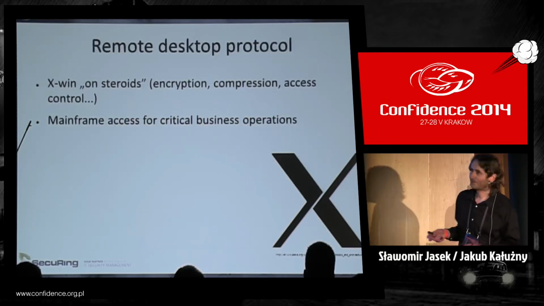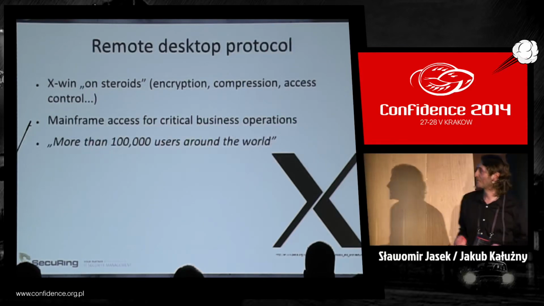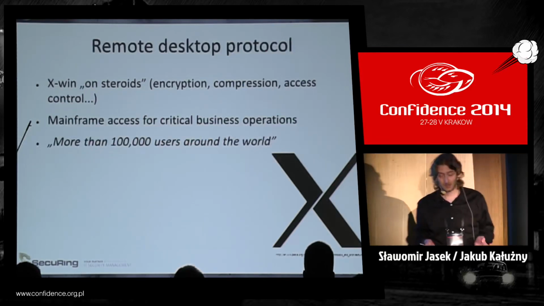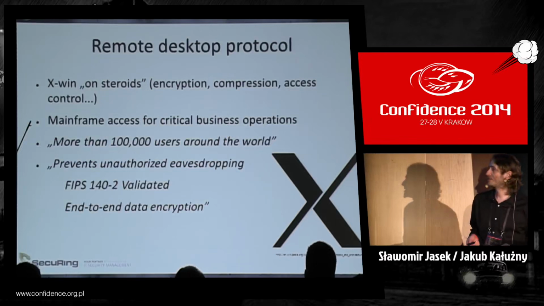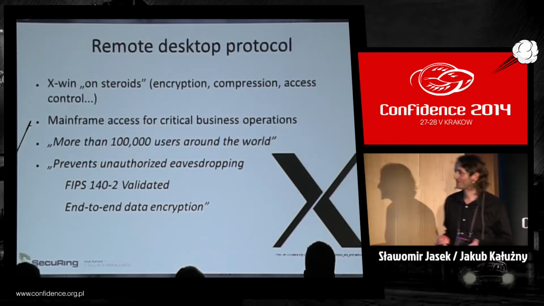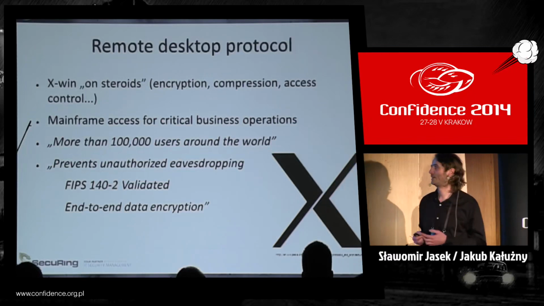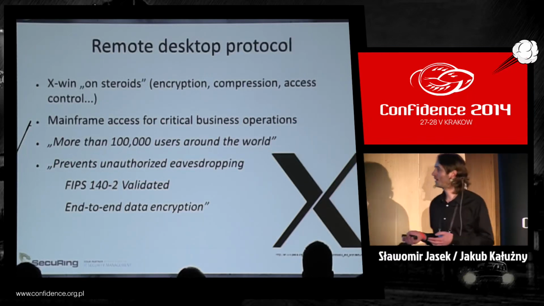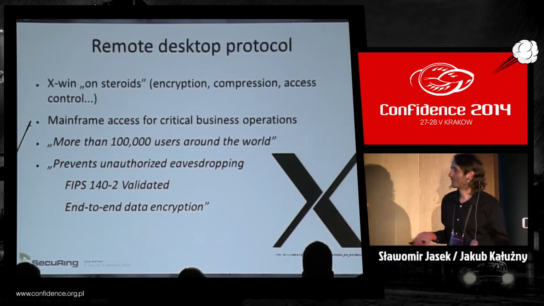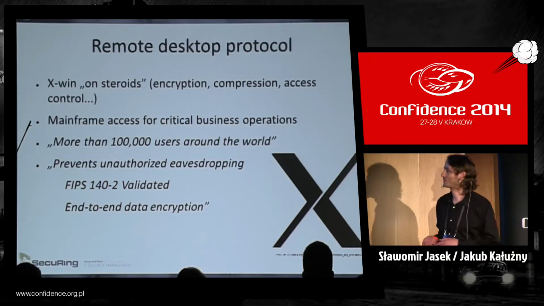So the money involved is really high. The vendor claims that it has more than 100,000 users around the world, and it's FIPS certified. So it ensures, in compliance with FIPS, that the data is properly encrypted on the wire, and the proper certificates and algorithms are used.